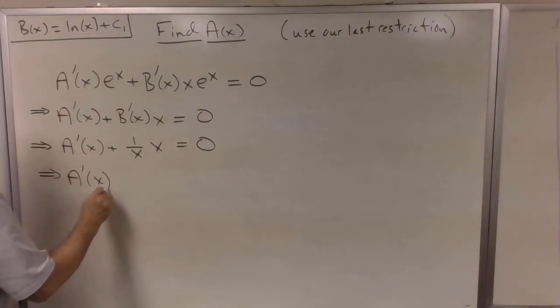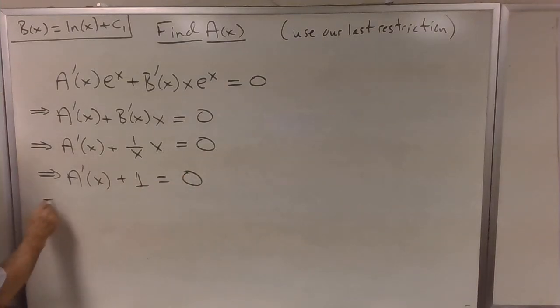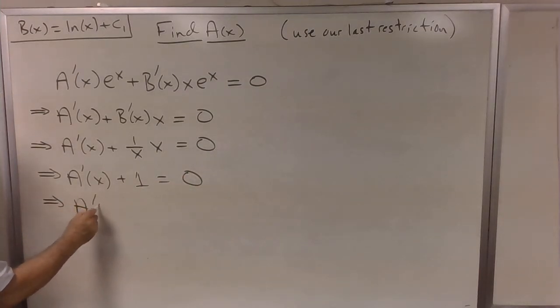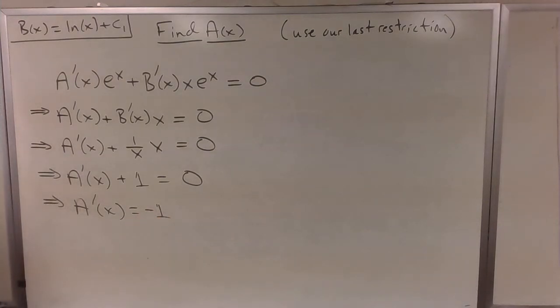A prime of x plus 1 equals 0. A prime of x equals -1. Again, this is another one of those things that's so easy, even I can do it. I'll integrate both sides with respect to x.